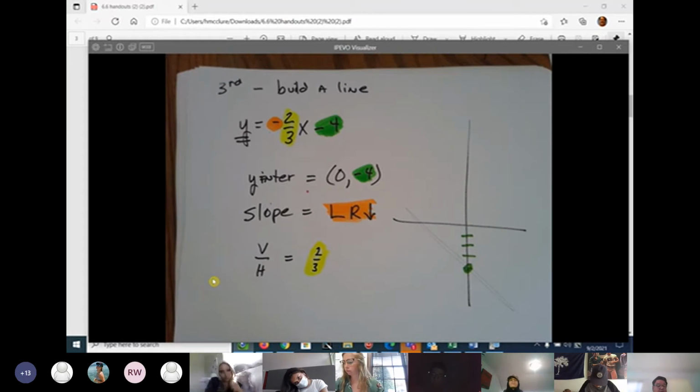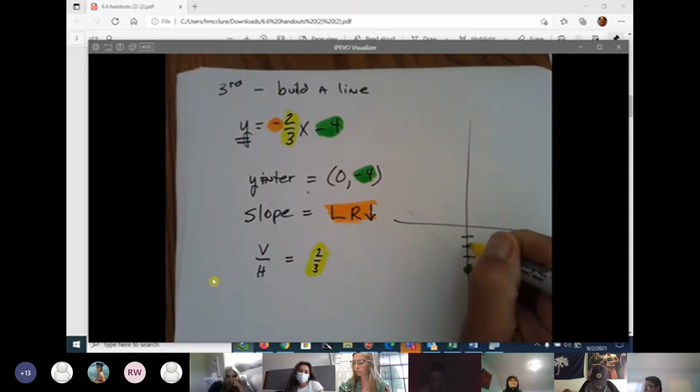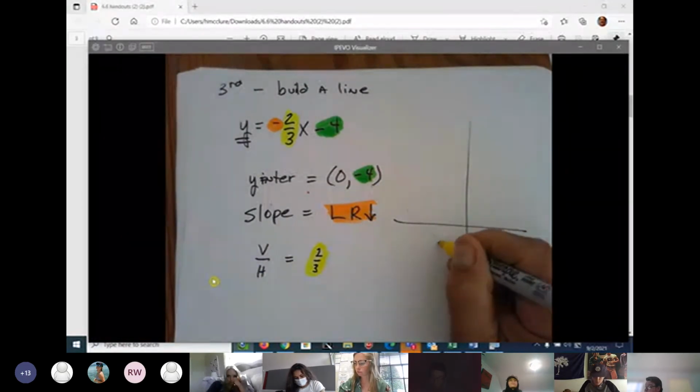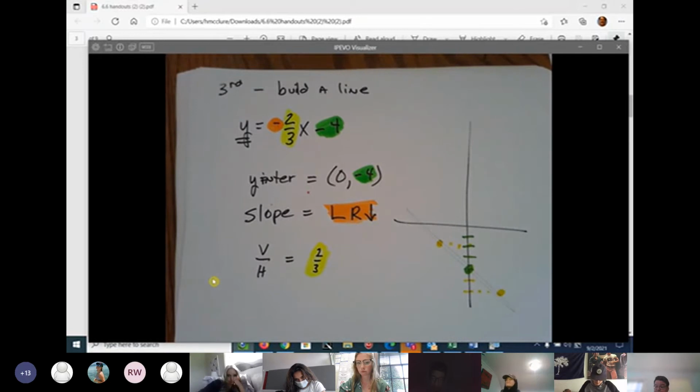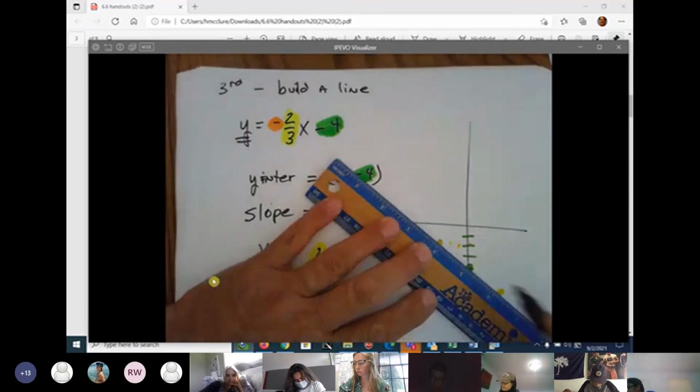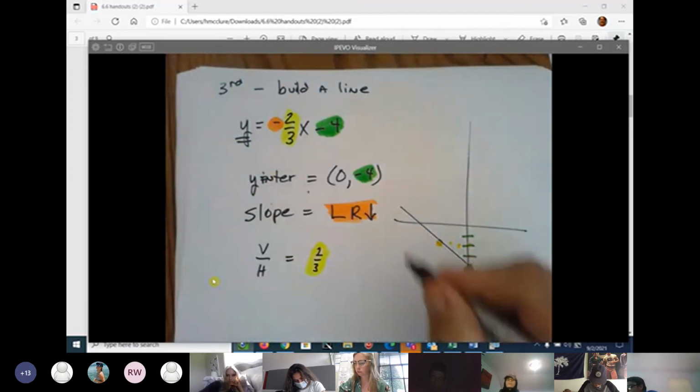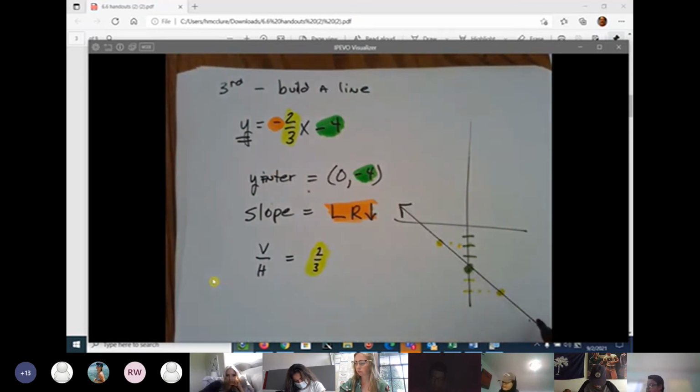And then 2 up, 3 over. 2 up, 3 over. 2 down, 3 over. And then you draw your line. And that is how you draw a line with the 3 methods of graphing.